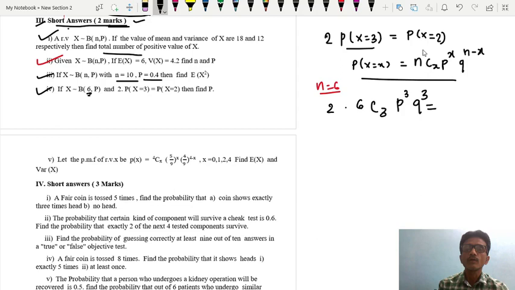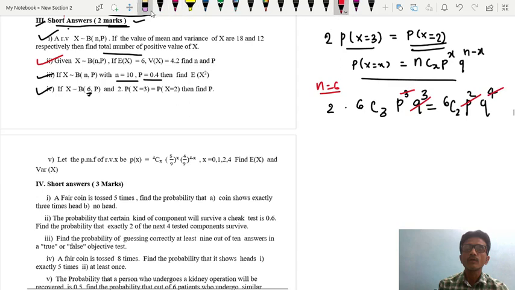Right hand side is p of x is equal to 2. So p of x is equal to 2 means what, 6c2 p raised to power 2 and q raised to power 6 minus 2 that is 4. What we can cancel here, ये p square पूरा कैंसिल होगा, यहाँ पे p रहेगा, इस q will be cancel, यहाँ पे खाली q रहेगा.